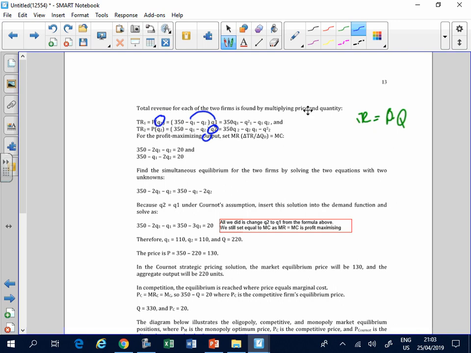Now, what we need to do, ladies and gents, is we need to now differentiate. Why? Because if you differentiate the total revenue function, you get marginal revenue. Okay? The first rate of change. What you do is, I'm going to start over here. It's a little bit small, but you see there's a Q1 squared. You take the 2 down, you minus 1 from the exponent. Anything to the power of 1, it's just itself, right?